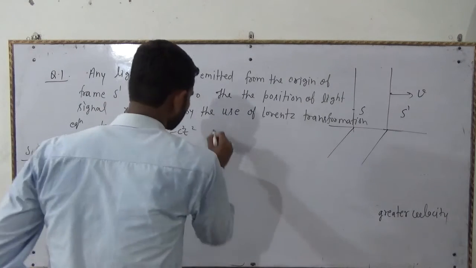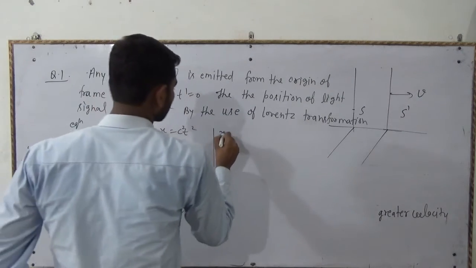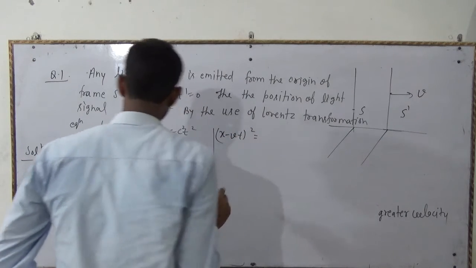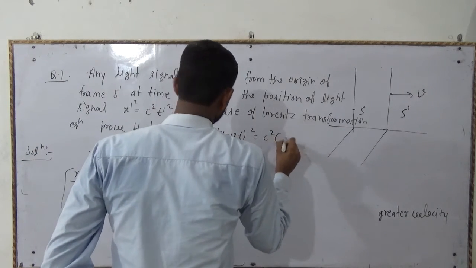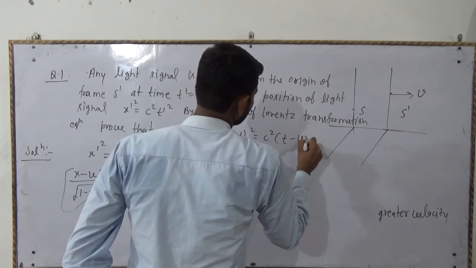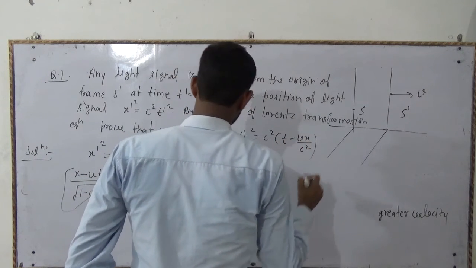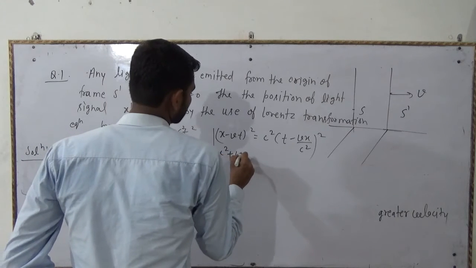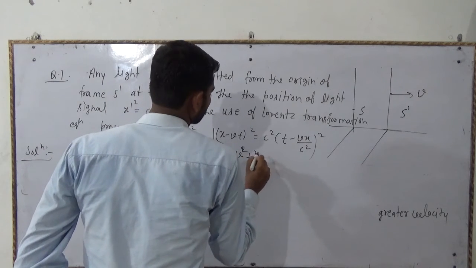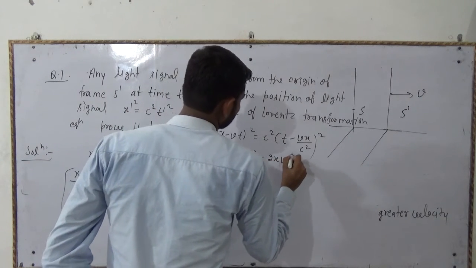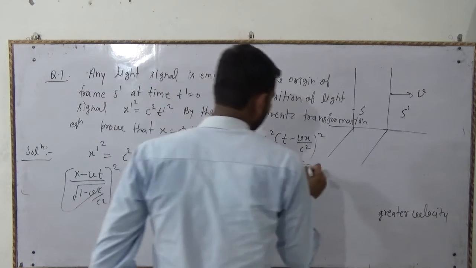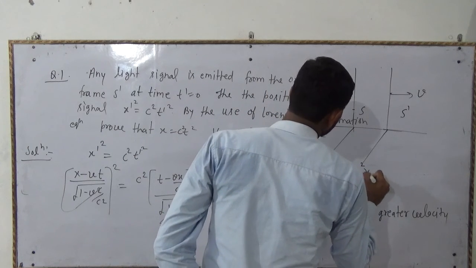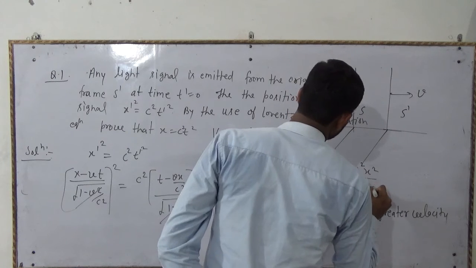After solving it, we get x minus vt the whole square is equal to c square times t minus vx by c square the whole square. It will be x square plus v square t square minus 2xvt is equal to c square t square plus v square x square by c square to the power 4.